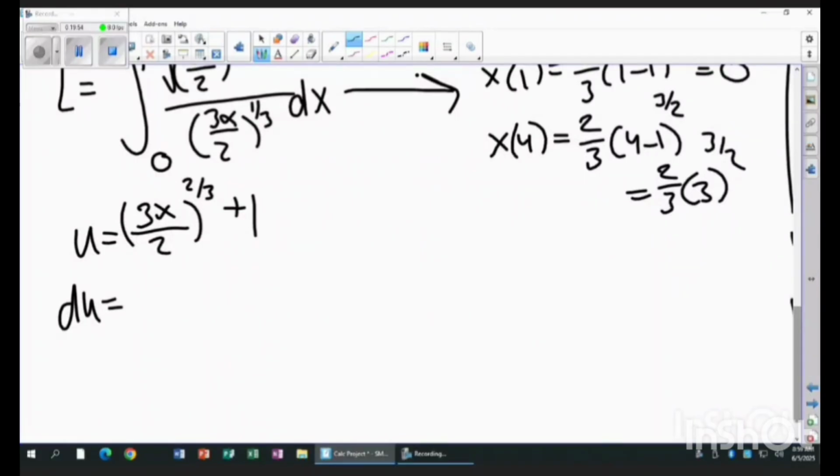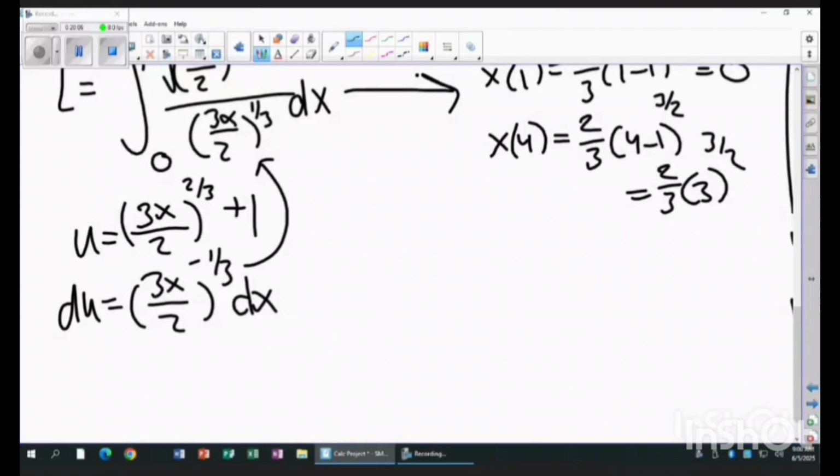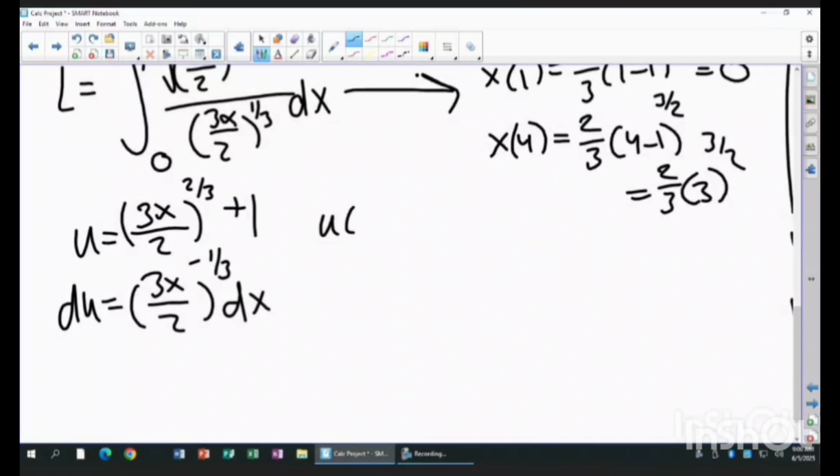Because you will see, by taking a derivative, will get us 3x over 2 to the negative 1/3 dx, which is right here. So, now we have to do new limits of integration after finding all that, but it's just what we have to do.